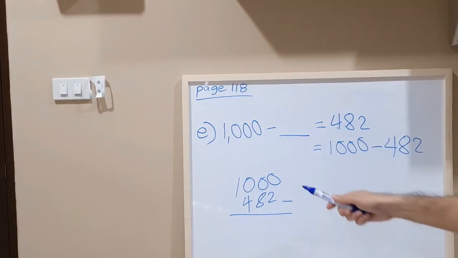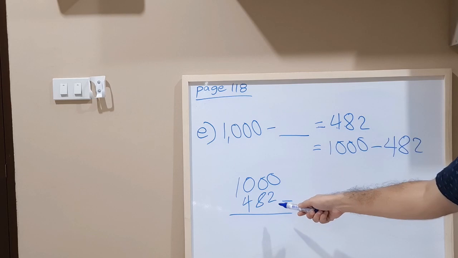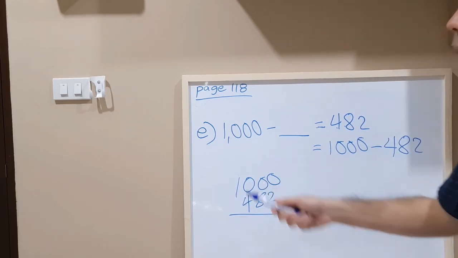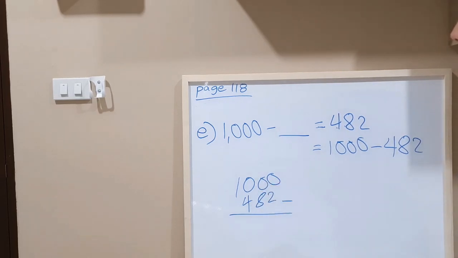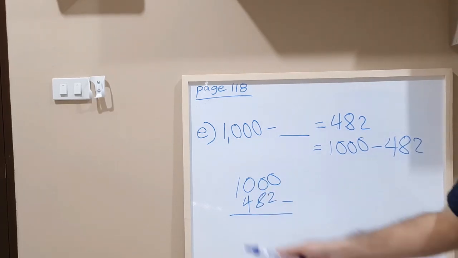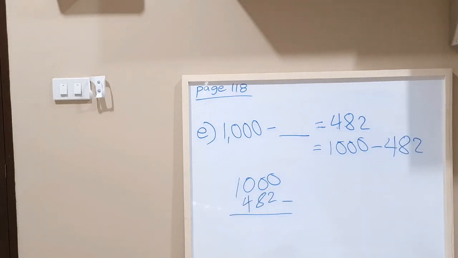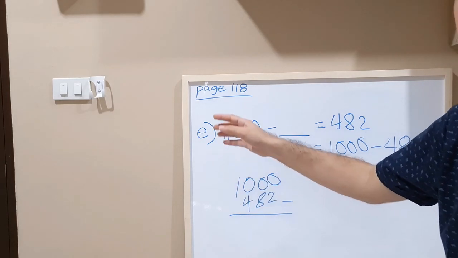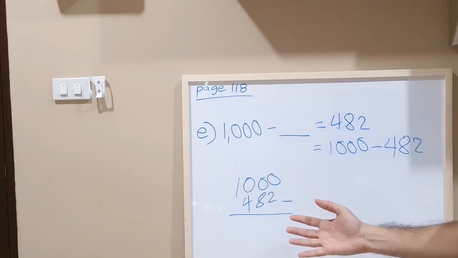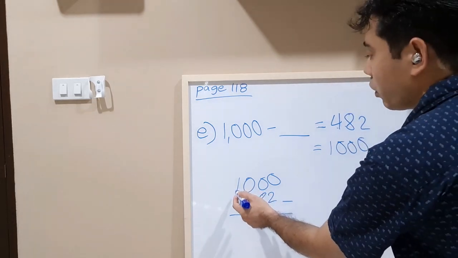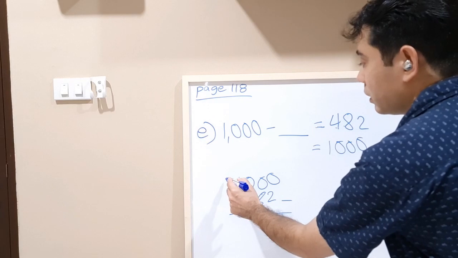We borrow. 0 take away 2 cannot be. 2 is bigger than 0. So we borrow from our neighbor. But our neighbor is still 0. So we borrow from the other neighbor, the hundreds place. But the hundreds place is still 0. So we borrow from the thousands place. And 1 will become, what is below 1? 0, right? 0, 1, 2, 3, 4, 5, 6. So 1 will become 0.